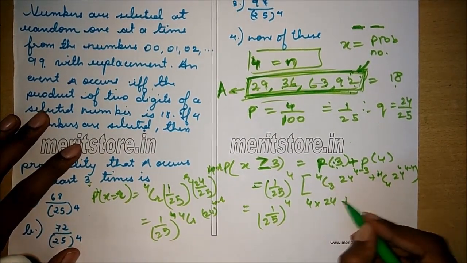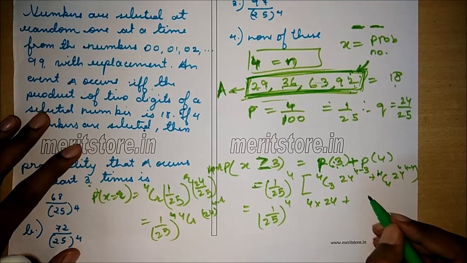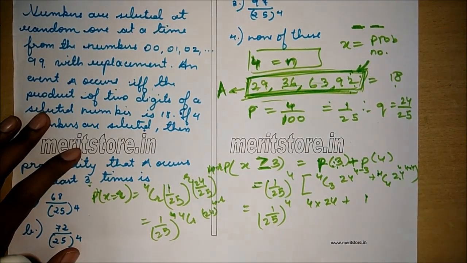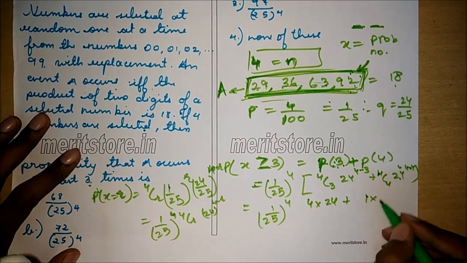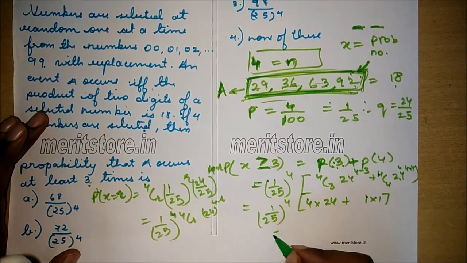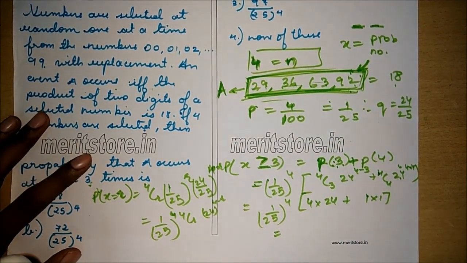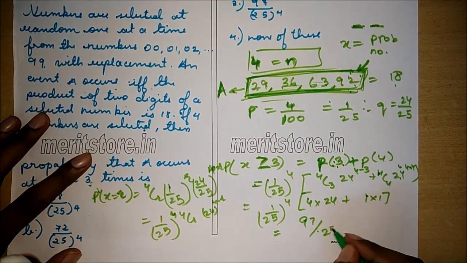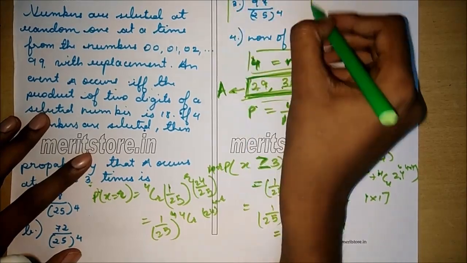So 4 into 24 plus 4C4 is 1 and 24 raised to 4 minus 4 is also 1, since it is 24 raised to 0. So simplifying this, the final answer will be 97 divided by 25 raised to 4, which is option C.